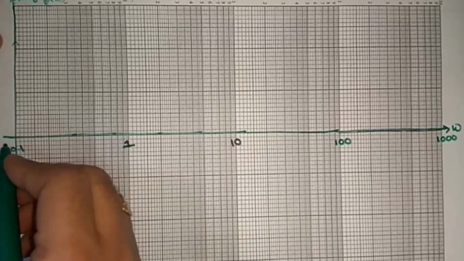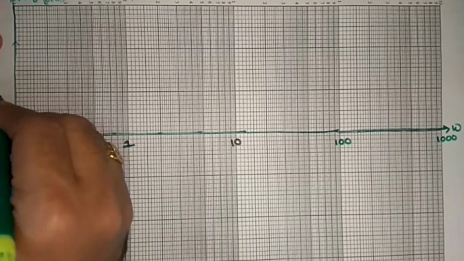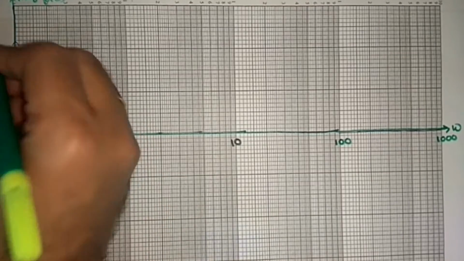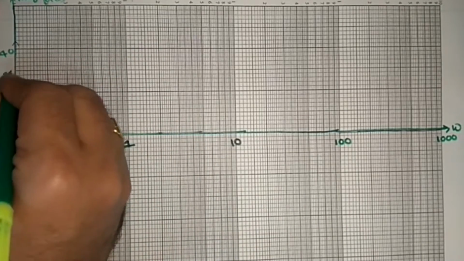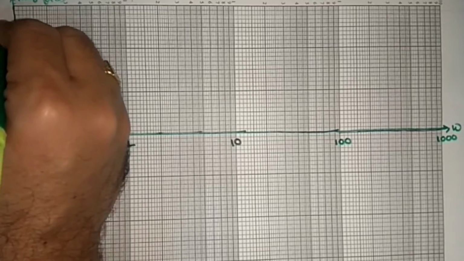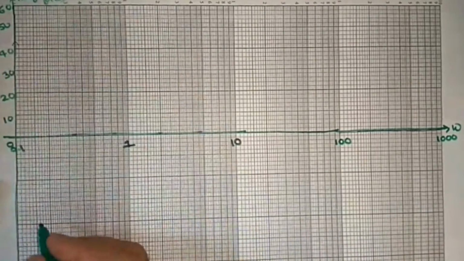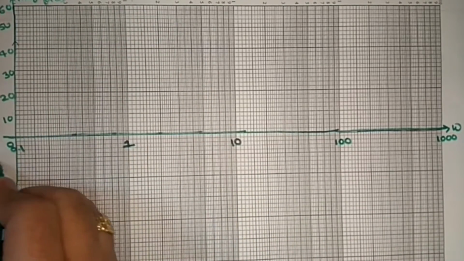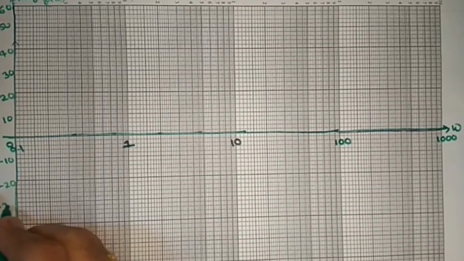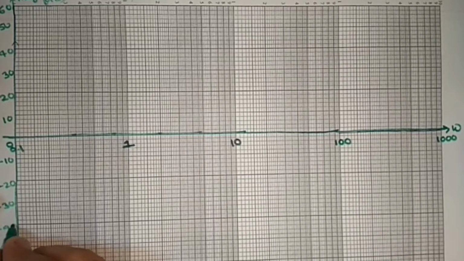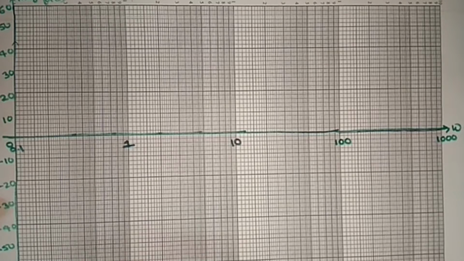So here 0, 10, 20, 30, 40, 50, 60 dB. Here minus 10, minus 20, minus 30, minus 40, minus 50, minus 60, minus 70 dB.